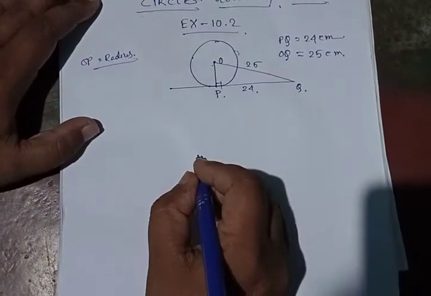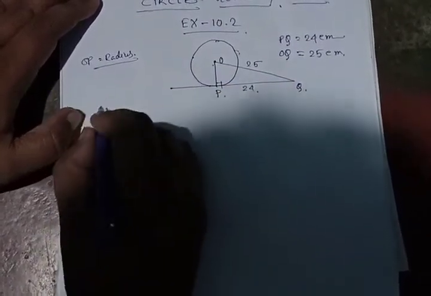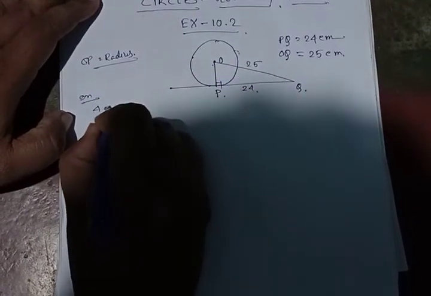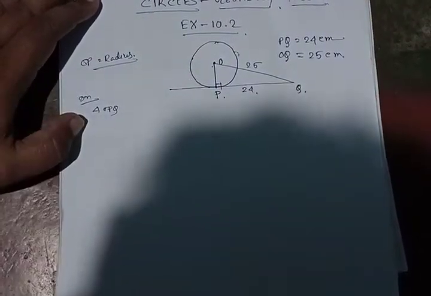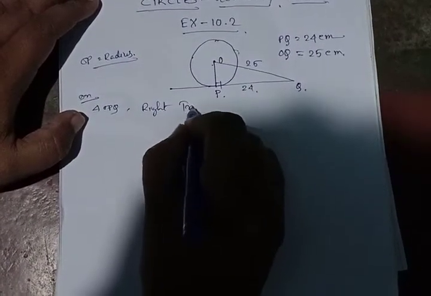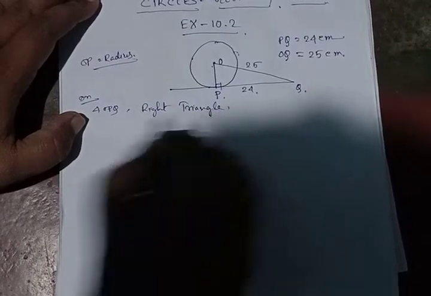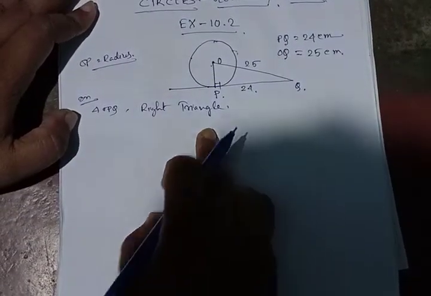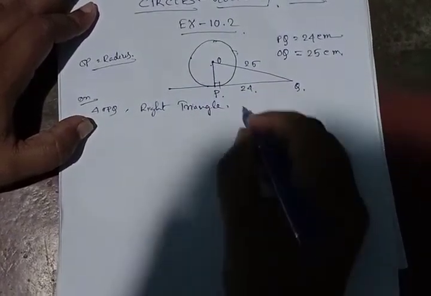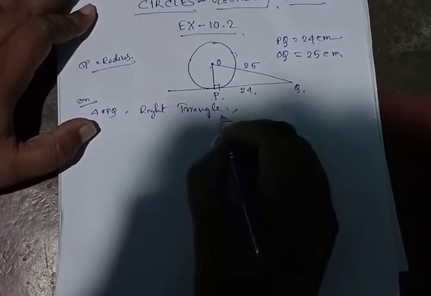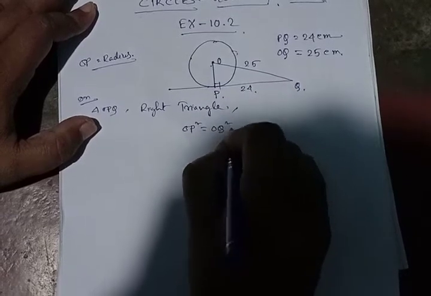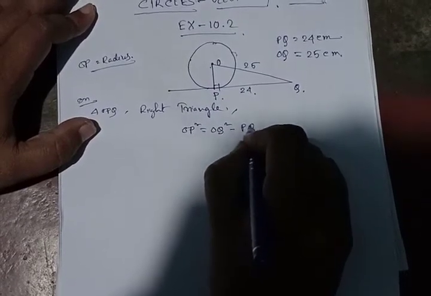Now, if we consider triangle OPQ, obviously it is a right triangle. So from here we can write by Pythagoras theorem that OP square is equal to OQ square minus PQ square.